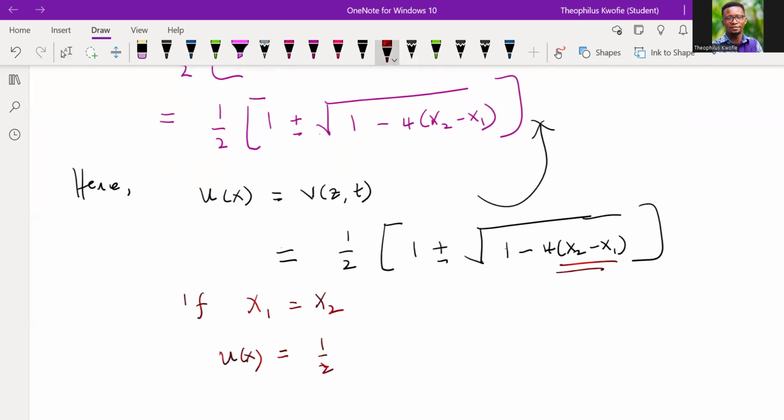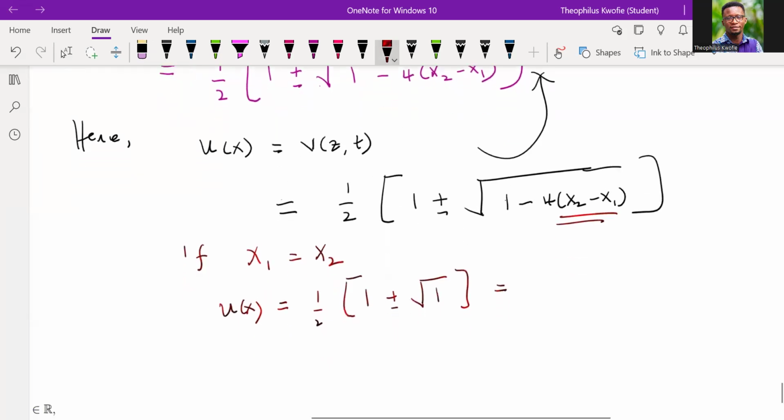Half of, half multiplying the whole term plus or minus root of what? 1, right? Now we have two solutions, right?